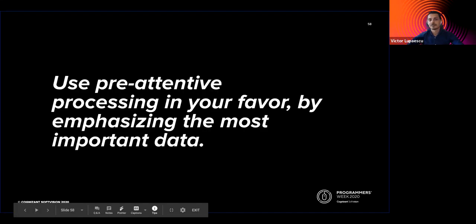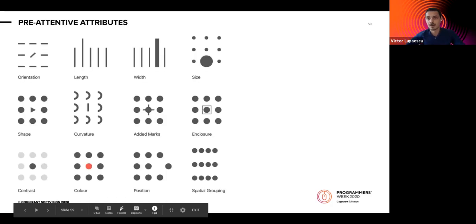So use pre-attentive processing in your favor by emphasizing the most important data. And it's not just the one that I've shown you. There are multiple pre-attentive attributes, and I'll go quickly through them.